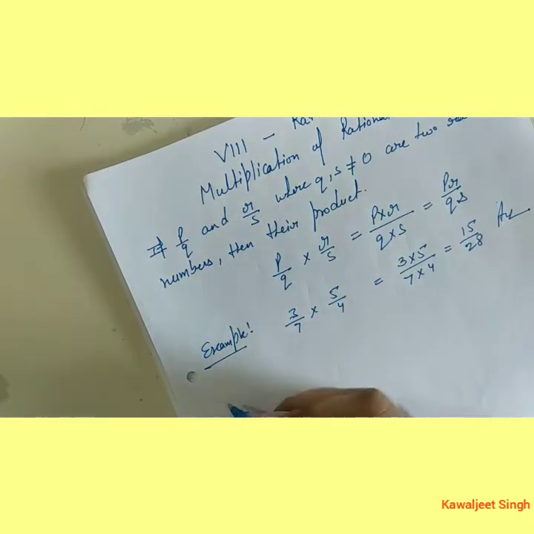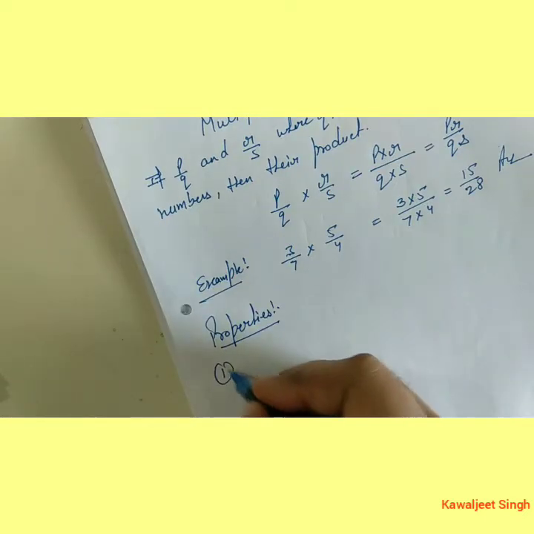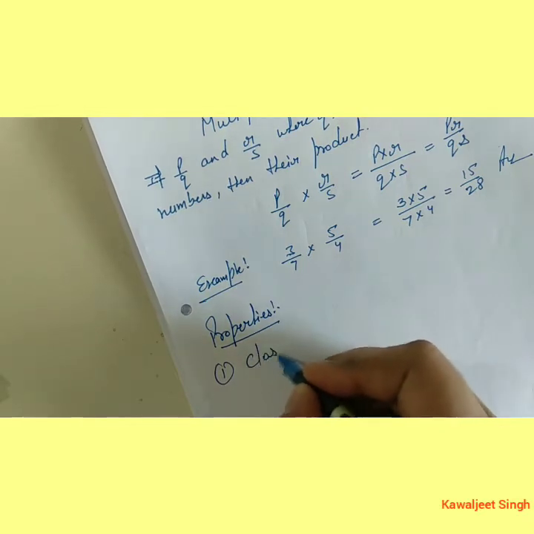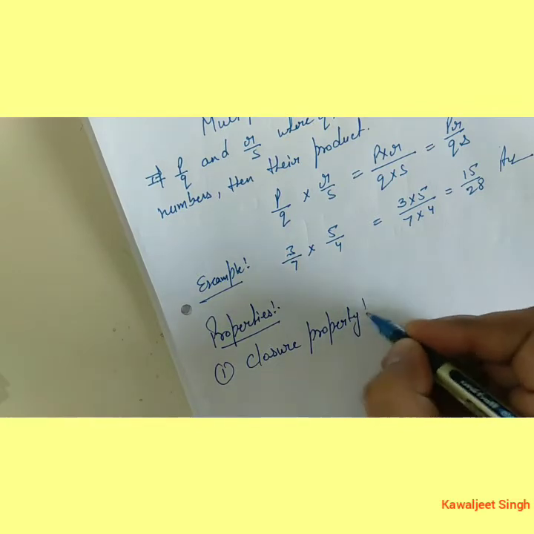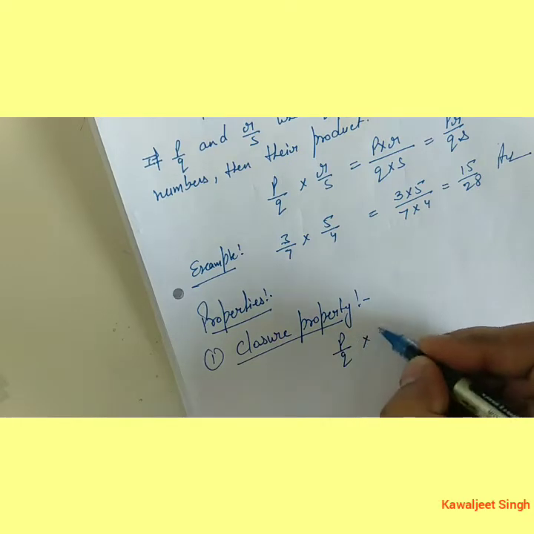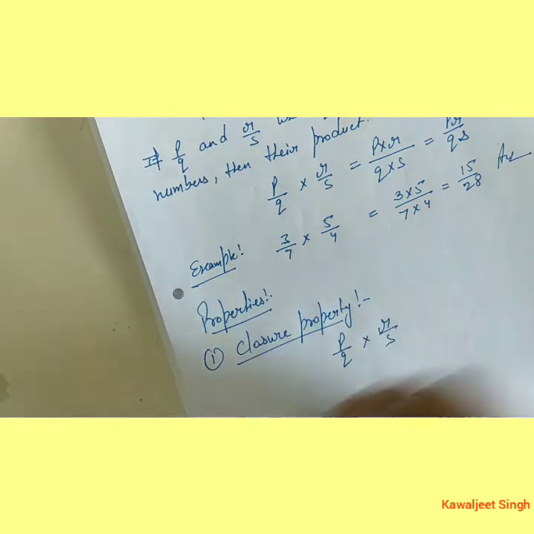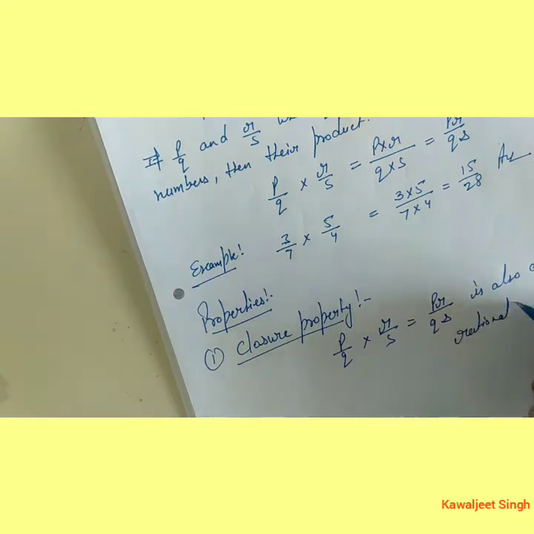Now on the basis of that, here are some properties. Our first property is the closure property. Closure property tells us that if two rational numbers are multiplied to each other and we get their product PR by QS, it is also a rational number.